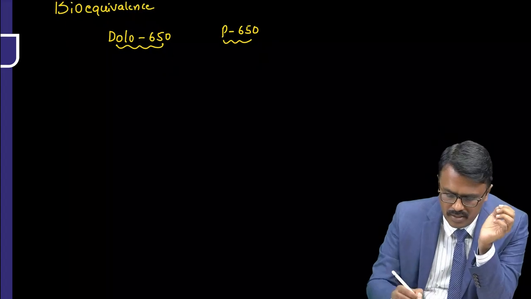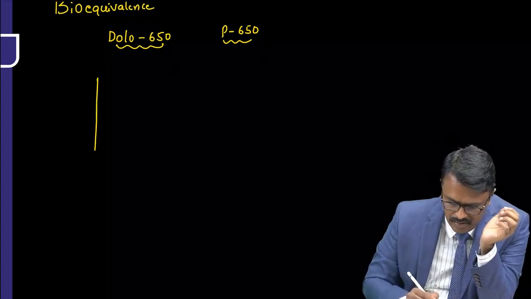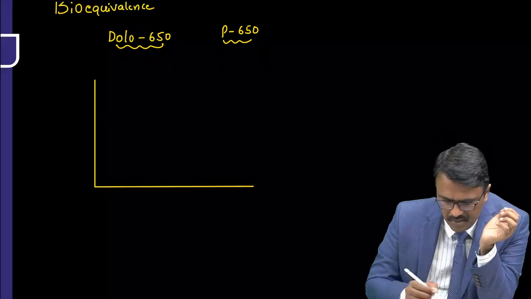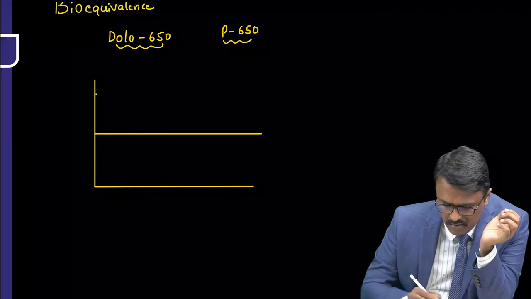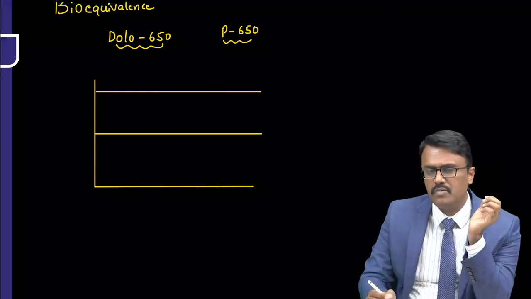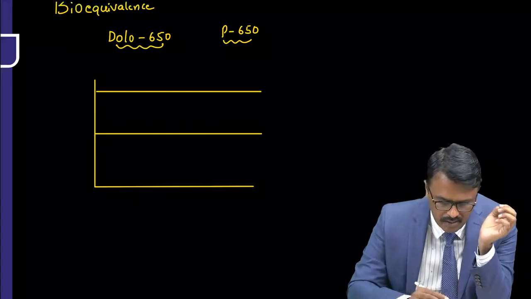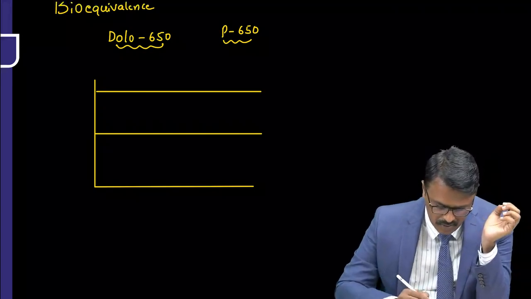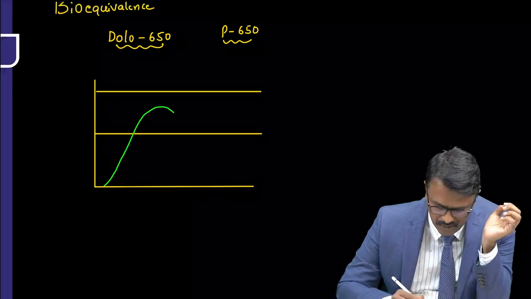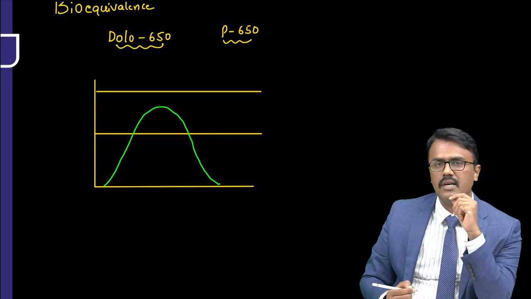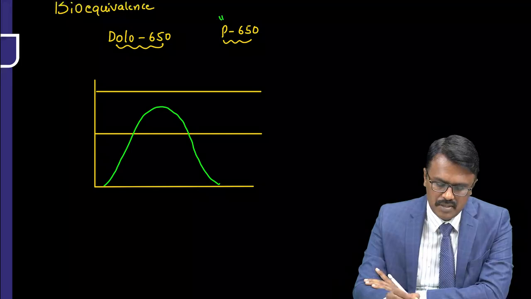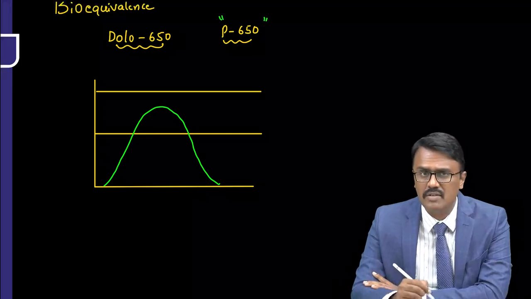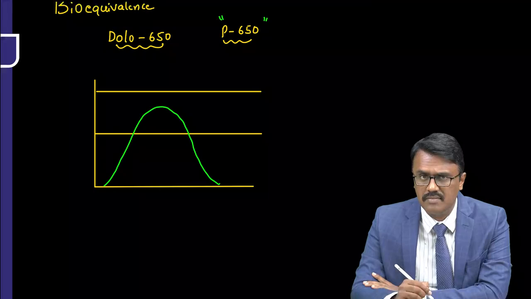Now the point to understand here is, let me draw the graph for this. Here, this is the minimum concentration for the drug to work. This is the minimum concentration for adverse effect. When I take the classical example of Dolo 650, we see the graph like this. Another drug which has come should satisfy the same extent.